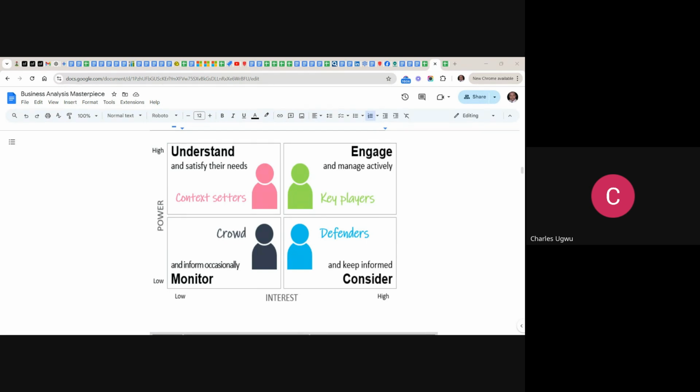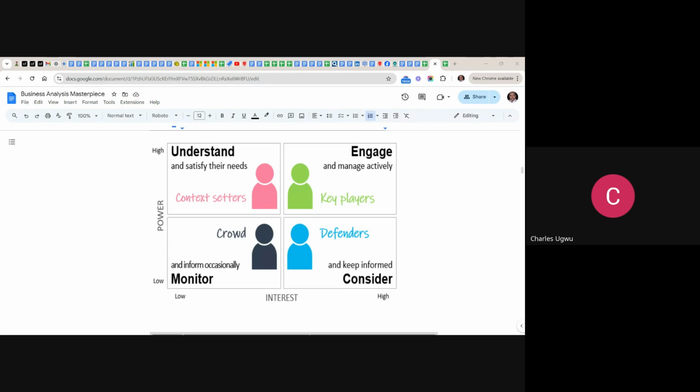Under those people called context setters, they are wearing red shirts. The box here is telling you to understand and satisfy their needs. You must understand their needs and satisfy their needs.